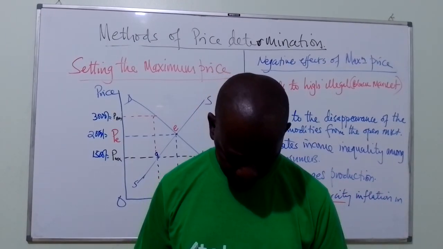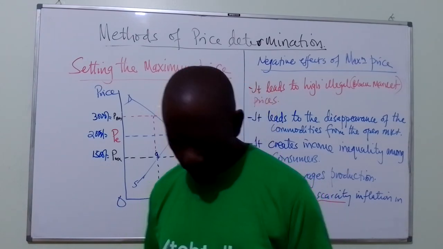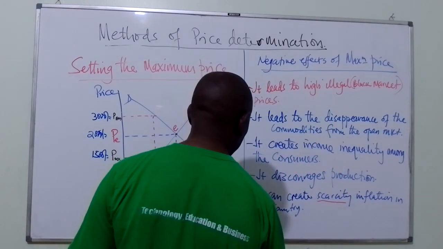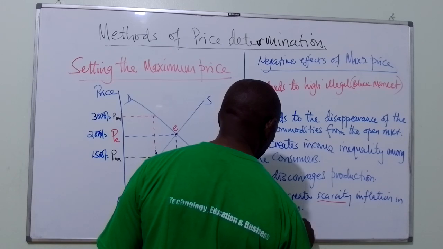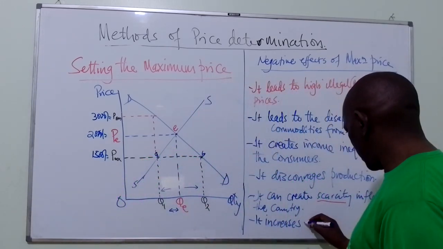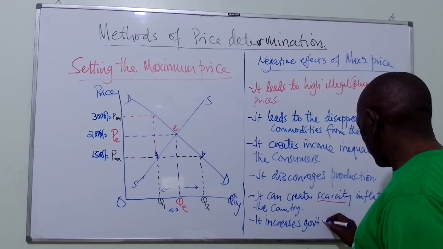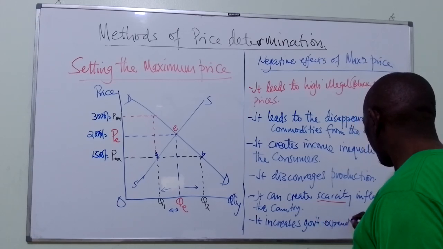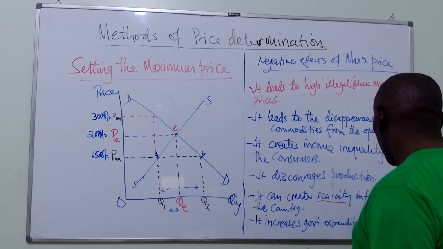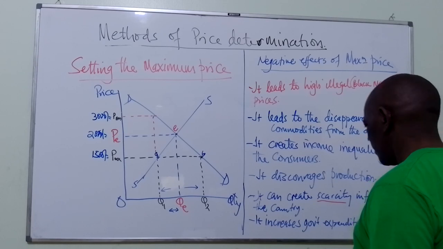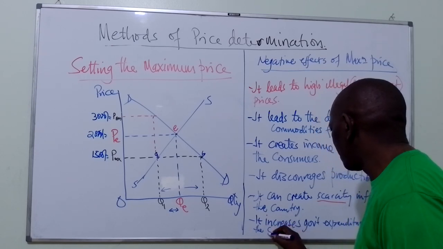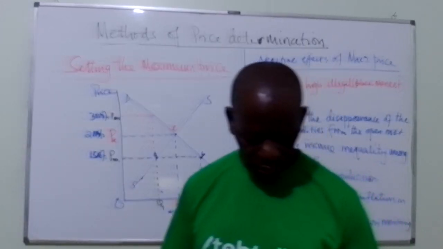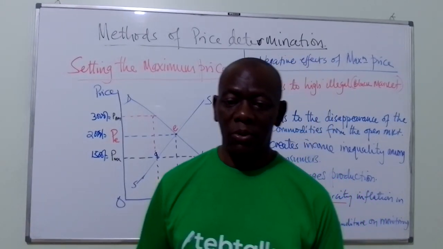Then the last one we can look at is that it increases government expenditure on monitoring the sellers.